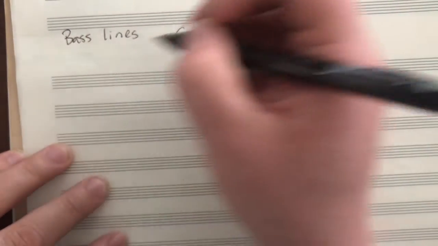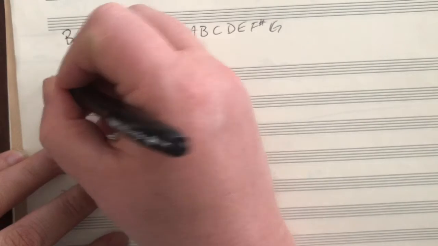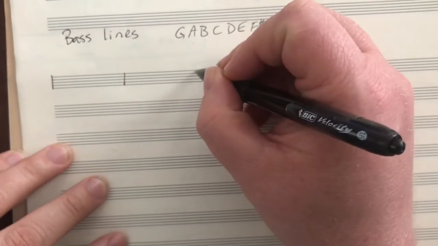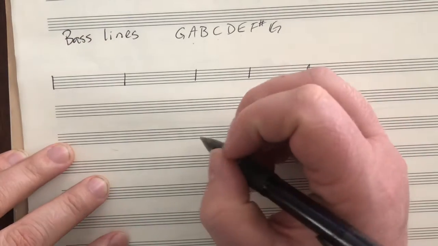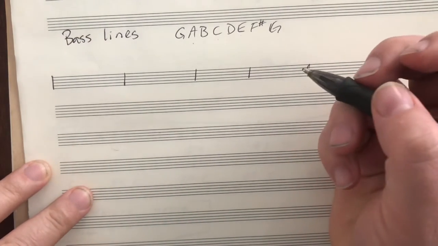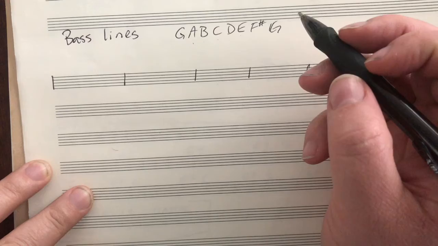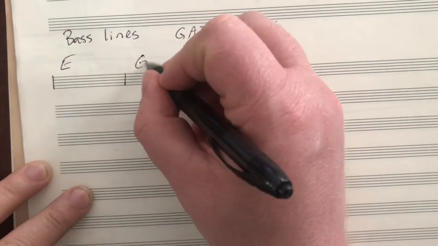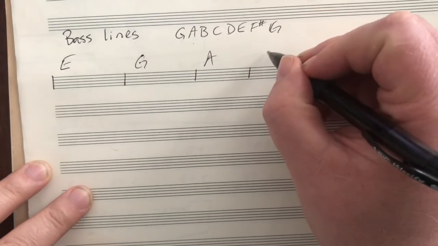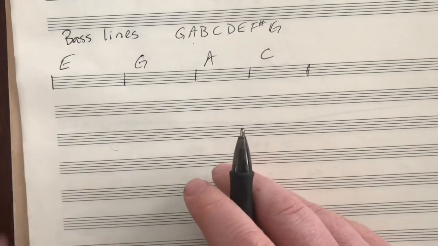So I'm going to set up a bar here, 2, 3, 4. And the first thing that I'm going to do is pick my notes. So I'm going to go E, G, A, C.